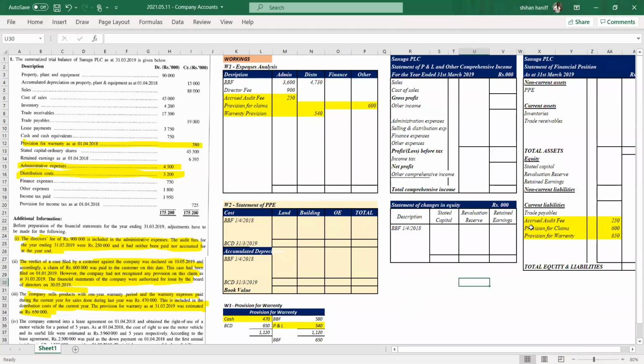If you want, you can take all these payables as other payables as a note. So we did 3 adjustments: director fee in administration, audit fee payable, court case claim for provision, and warranty provision.